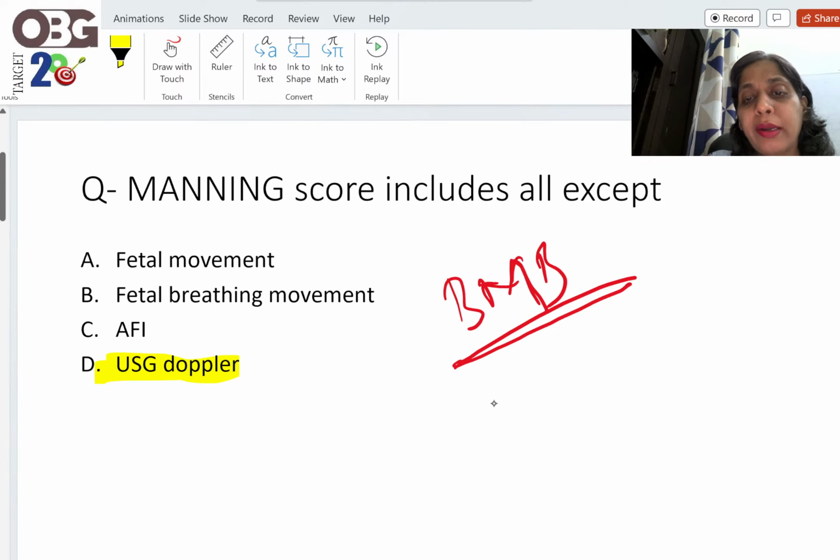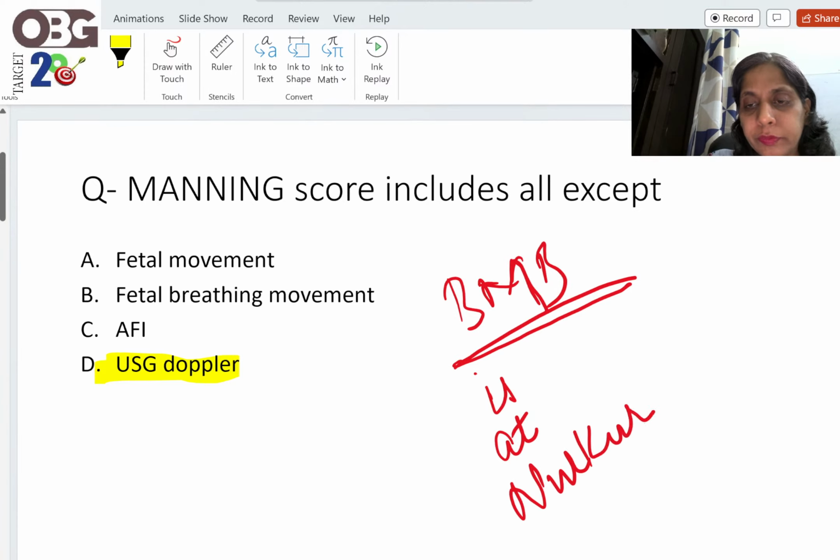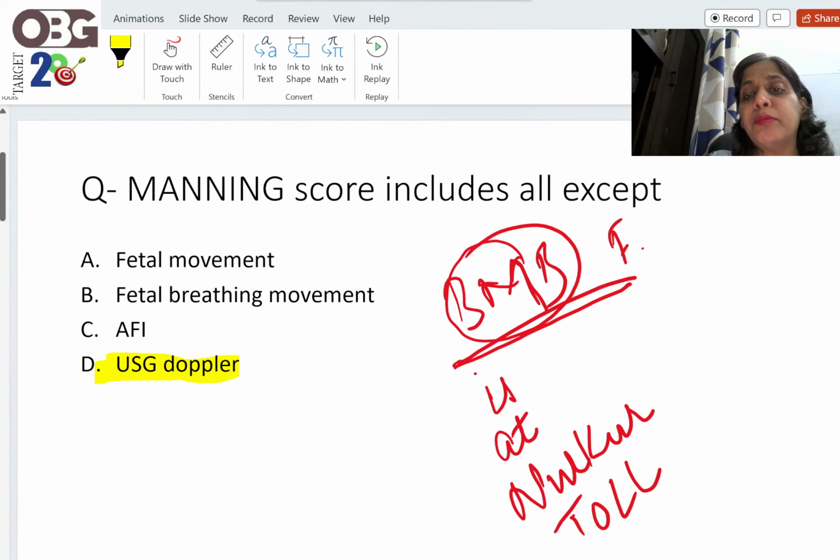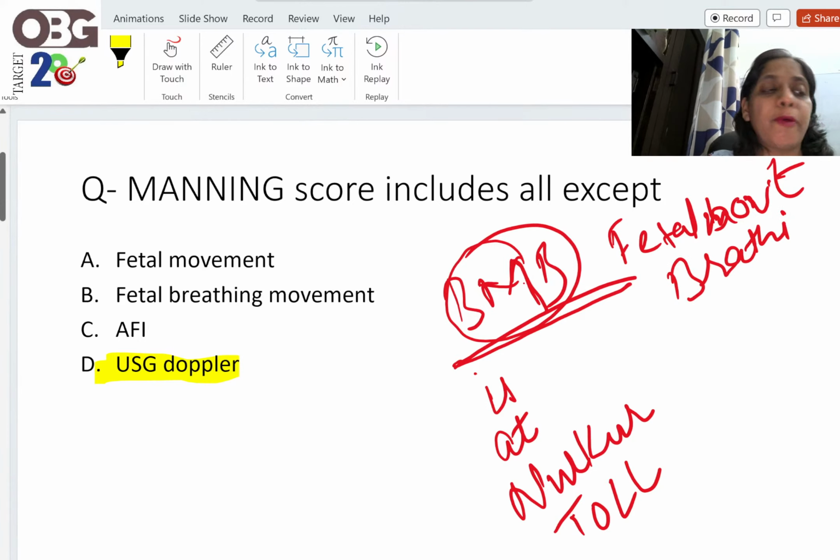Basant Mango Bar is at Nukkar Tall. So BMB means fetal movement and breathing movement. So two types of movements are there: fetal body movements and fetal breathing movements.